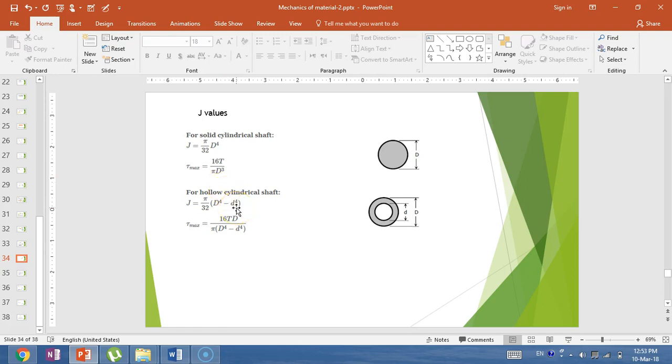And for the hollow cylindrical shaft, where there is a thickness and two diameters, inner diameter and outer diameter, the polar moment will be the same expression, provided that inside the bracket is capital D to the 4 minus small d to the 4, and the tau max will be 16 T D divided by pi times (D to the 4 minus d to the 4). The small one is the inner diameter.